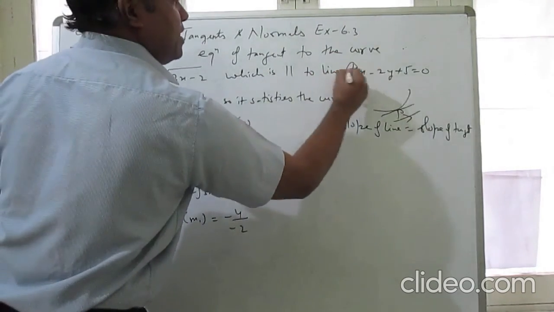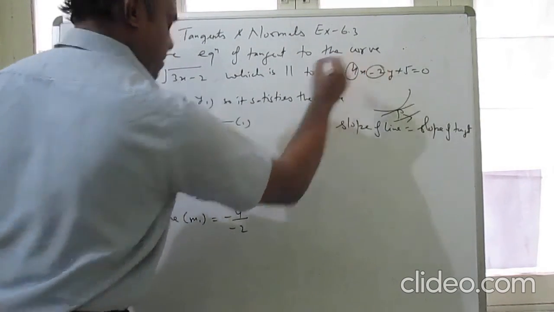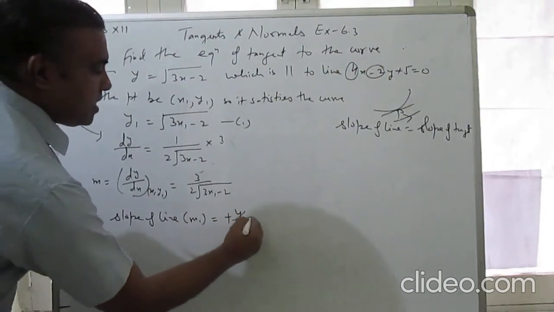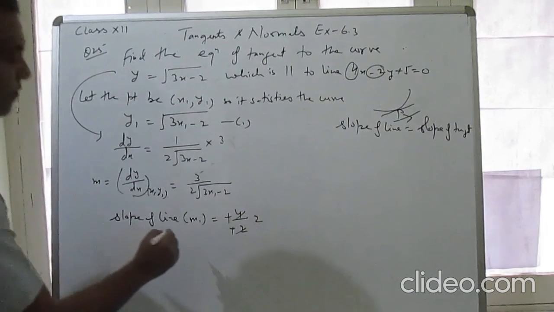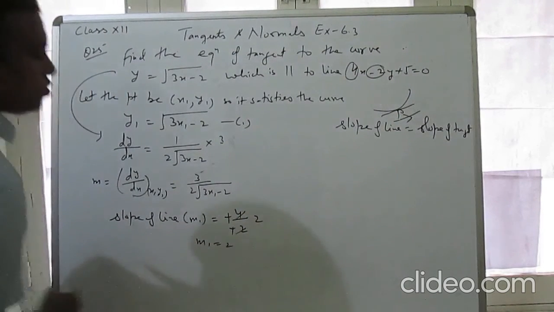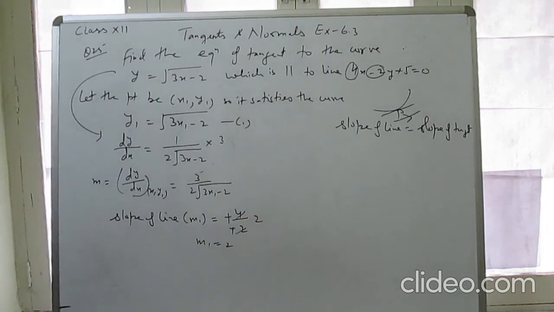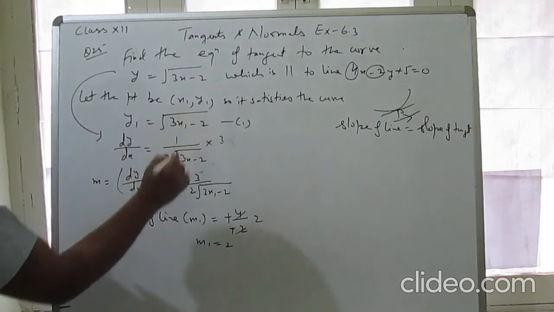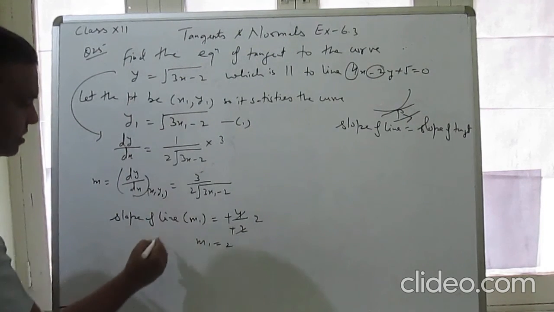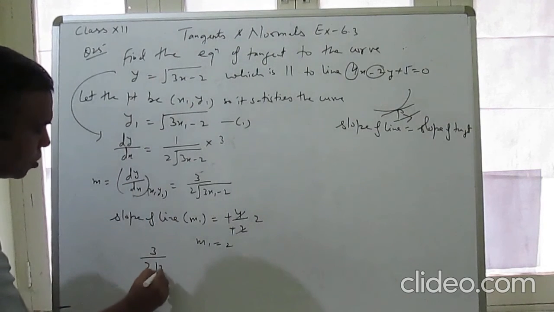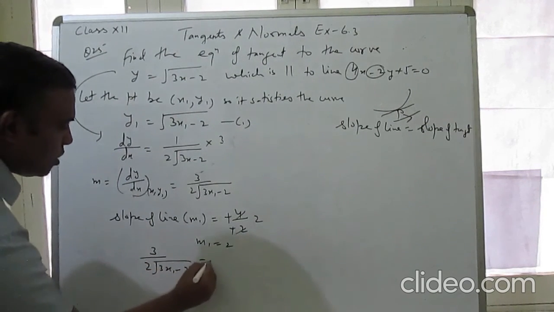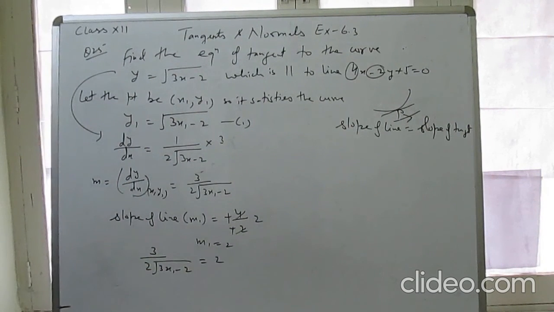Coefficient of x is 4 with a minus, and coefficient of y is minus 2, so minus minus cancel, this is 2. So m1 is equal to 2. So equate slope of tangent, 3 upon 2 root 3x1 minus 2, is equal to 2. This is given to you: slope of line is equal to slope of tangent.